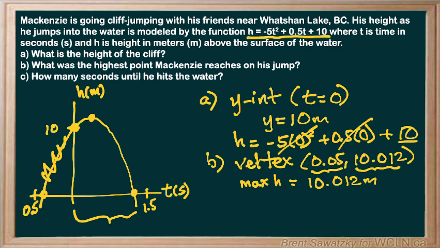For part C, we're asked how many seconds until he hits the water. From there, we can say that the x-intercepts are at negative 0.5, but we'll cross that out because it's not really reality, and we can say that his traveling time goes from 0 to the other x-intercept, which on Desmos we can see is 1.465 seconds.